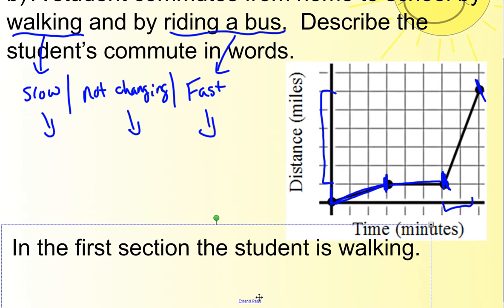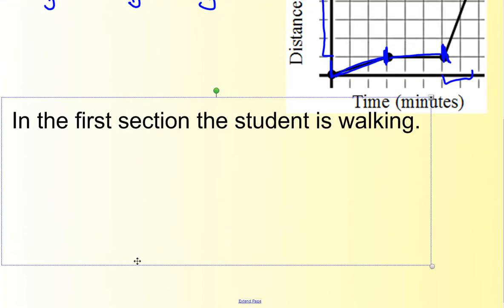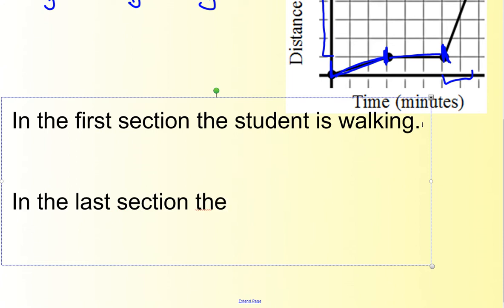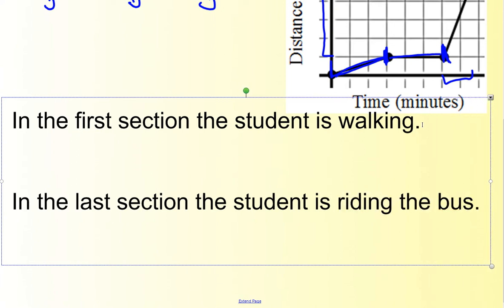So we haven't really talked about what's happening in this middle section yet. In the last section of time, the student is riding the bus. All right.